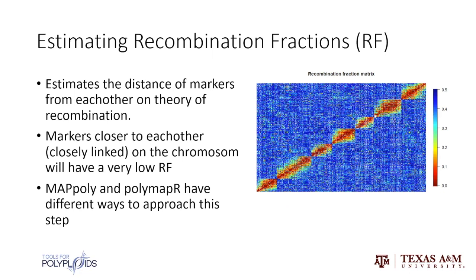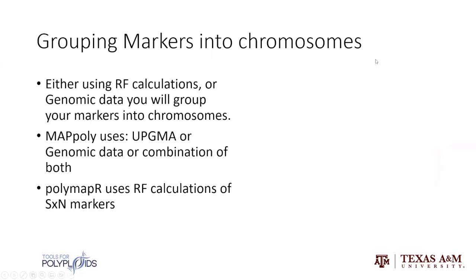All right, next slide. The next step is grouping markers into chromosomes. After you get your recombination fraction calculations, you can either use that or you can use the genomic data. If you know where your markers are supposed to be, you can use that to group your chromosomes.